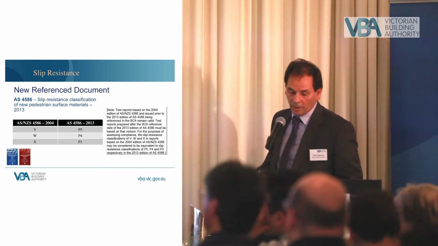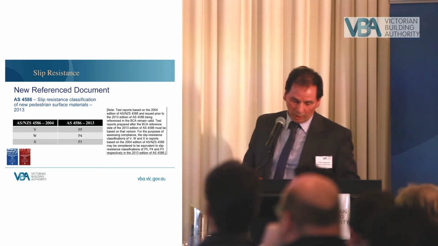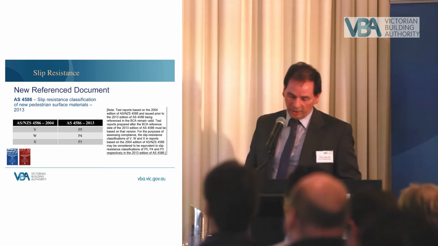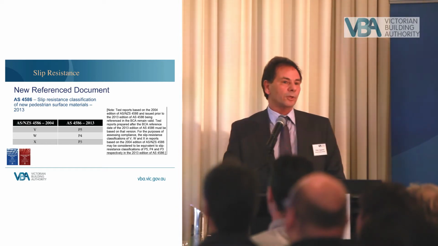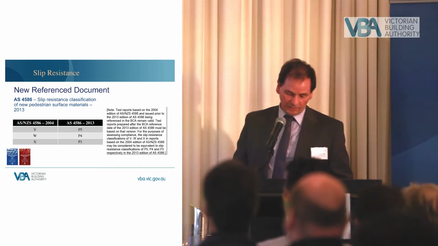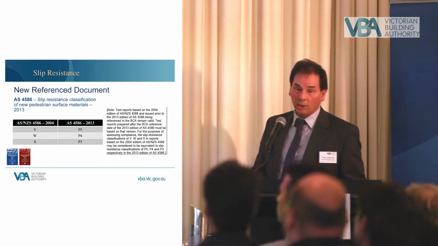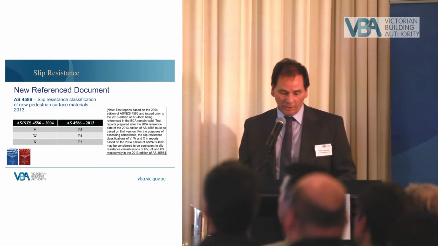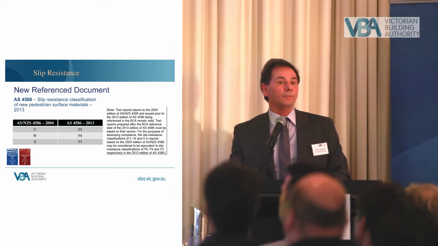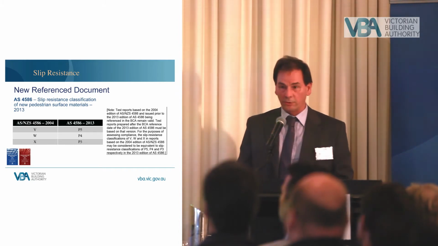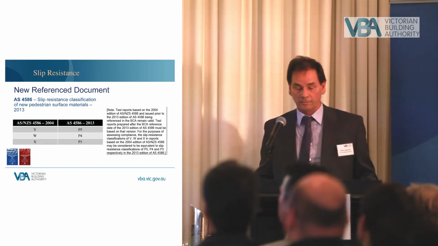It should be noted that while the old standard was not appropriate for referencing in the BCA, to reduce the impact on industry, test reports that were based on the 2004 edition of the standard issued prior to the 1st of May 2014 will remain valid. However, all test reports that are done after the 1st of May 2014 must be based on the 2013 edition of the standard.